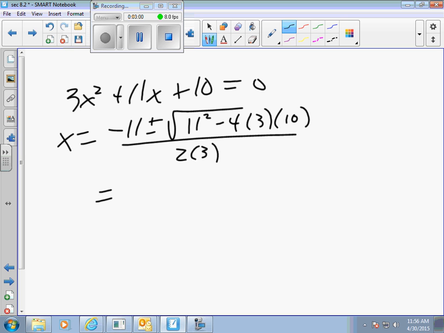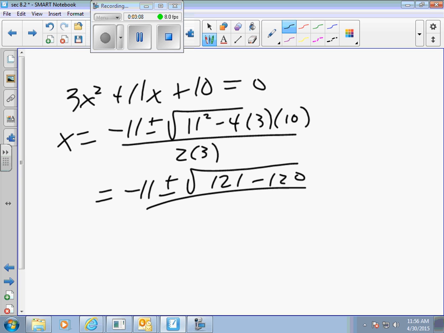Doing some simplifying, I get negative 11 plus or minus 121 minus 120, all over 6. Simplifying that, I get negative 11 plus or minus the square root of 1, which is just 1, over 6.